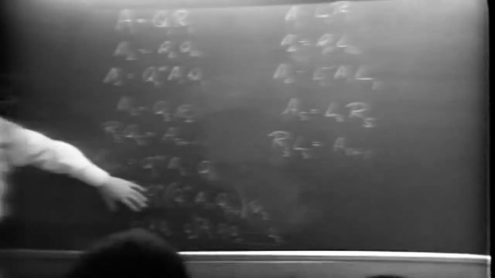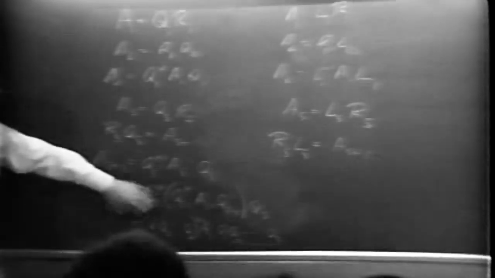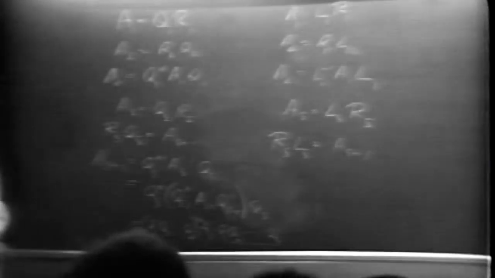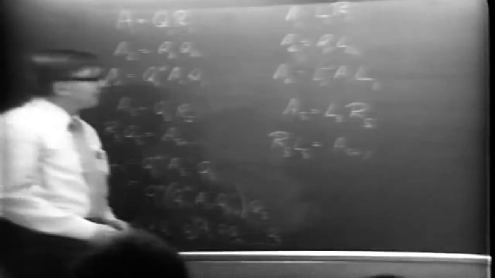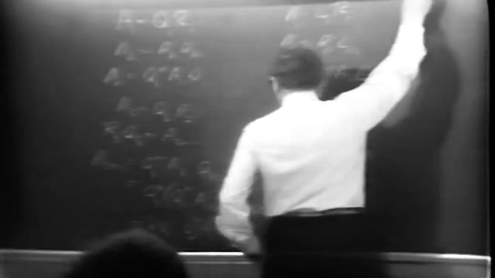And here you get exactly a similar result. The L's are always taking the place of the Q's, so that the analysis runs through pretty well the same on the two techniques.